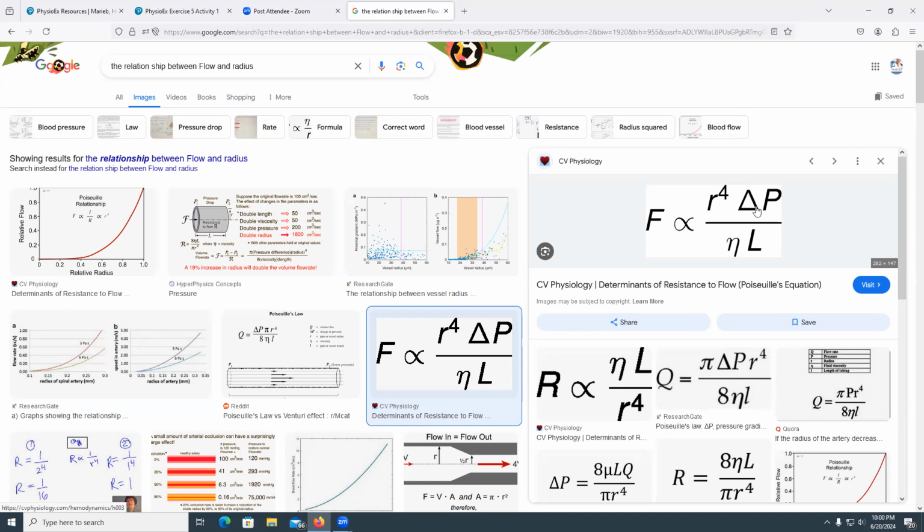So if you look at the pressure gradient from the aorta, where you have the highest pressure, blood is just leaving the heart. I mean, the left ventricle just contracted. All the blood is just rushing out the aorta. That's where you have the highest amount of blood pressure, right at the aorta.